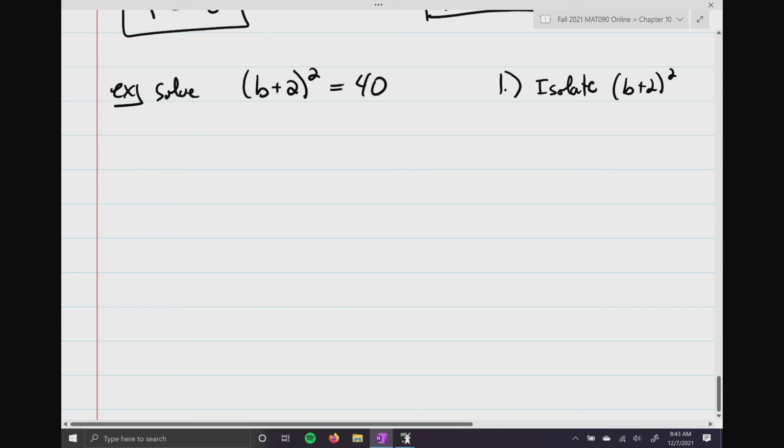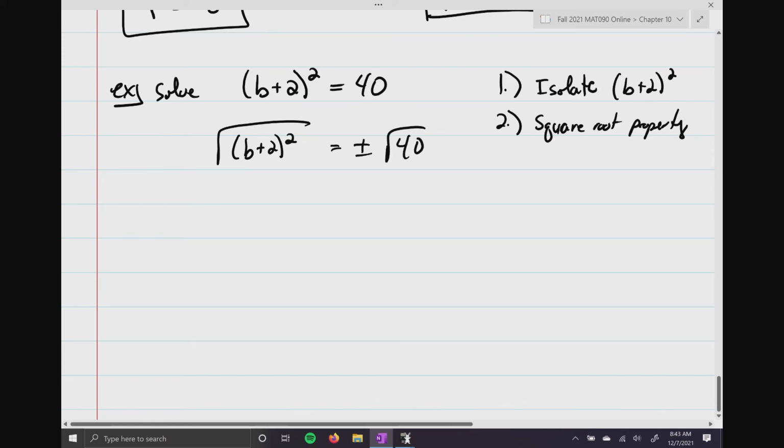We're going to go ahead and apply the square root property. Sorry, I'm just writing it out. So we get the square root of the quantity b plus 2 squared equals plus or minus the square root of 40. And here's where we're not so lucky.